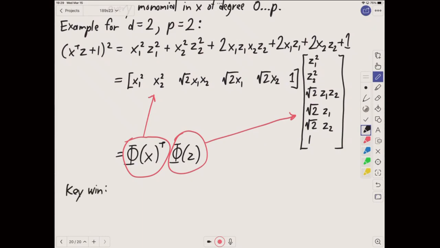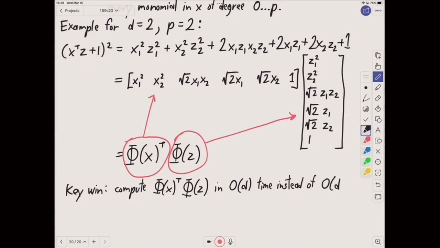So what did we just accomplish? Why is this a good thing? There is a big, big win here, which is that I can compute the kernel, the inner product of phi of x and phi of z, in big O of little d time instead of big O of d to the power of p time, even though those phi of x and phi of z have a length that's d to the power of p.